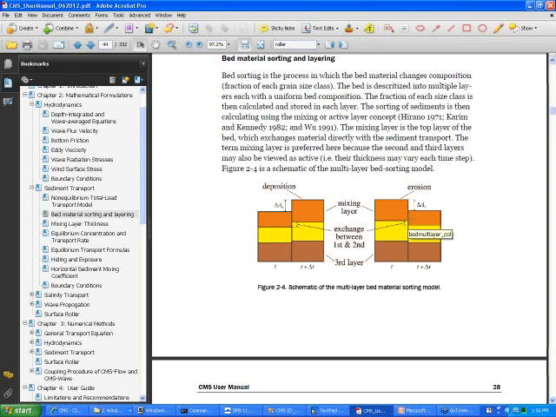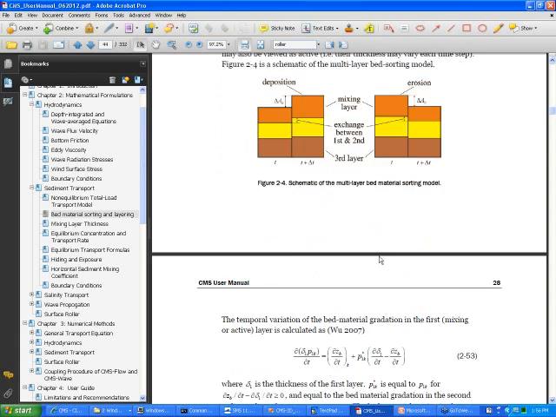The second layer and the third layers and below are buried layers. The second layer does exchange sediment with the first layer if that boundary moves up and down, but the third layer does not exchange with the second layer.